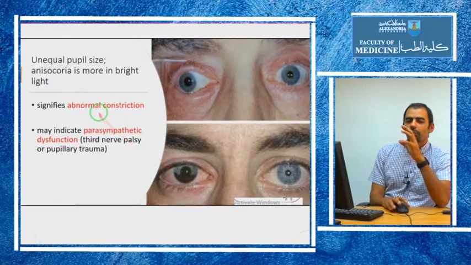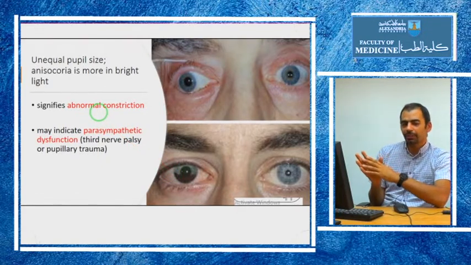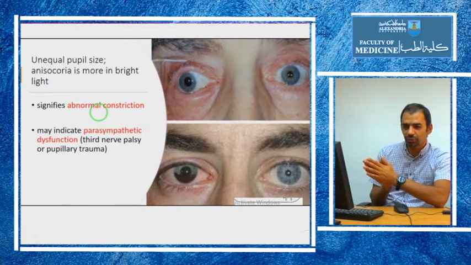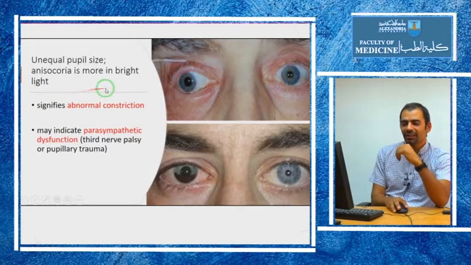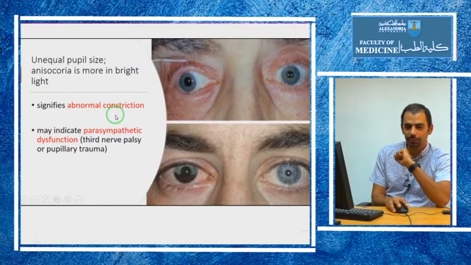Okay, so we mentioned that anisocoria may be worse in dim light in Horner syndrome, but it may be worse in bright light, and usually this draws the attention that there is an abnormal constriction of the constrictor pupillae. This may happen in patients, for example, with an oculomotor palsy, a third nerve palsy.